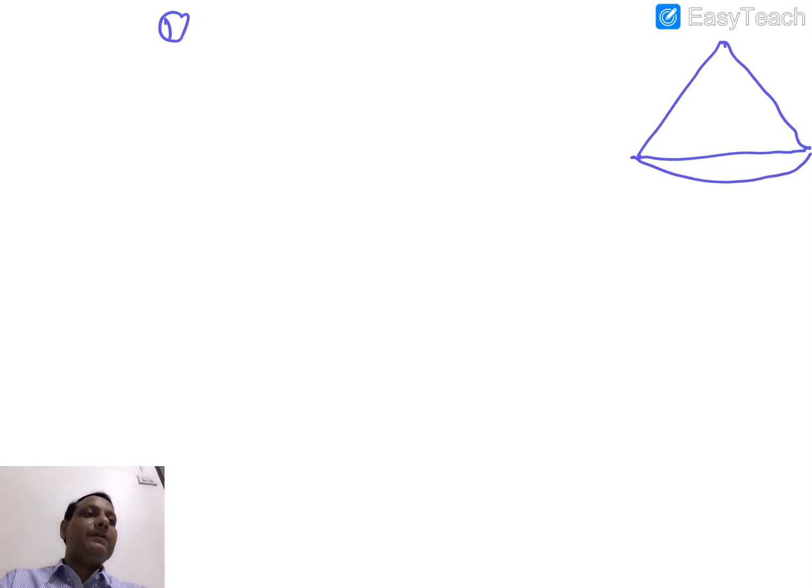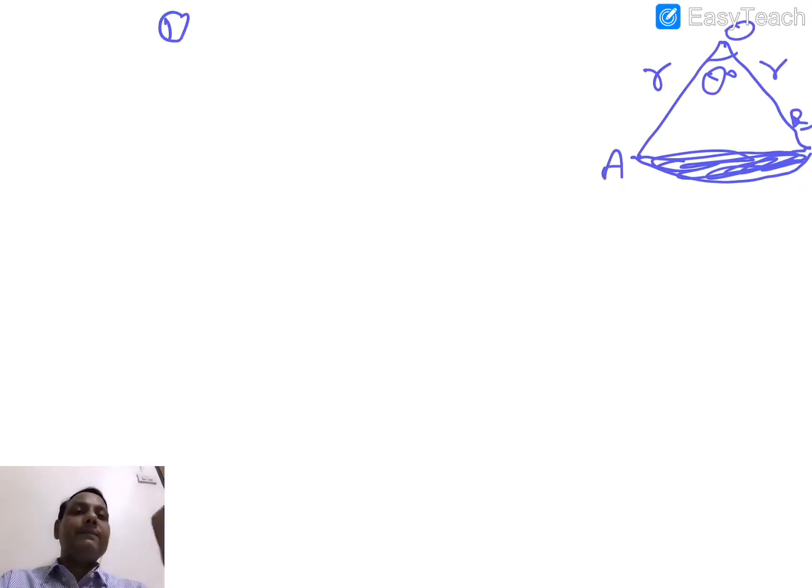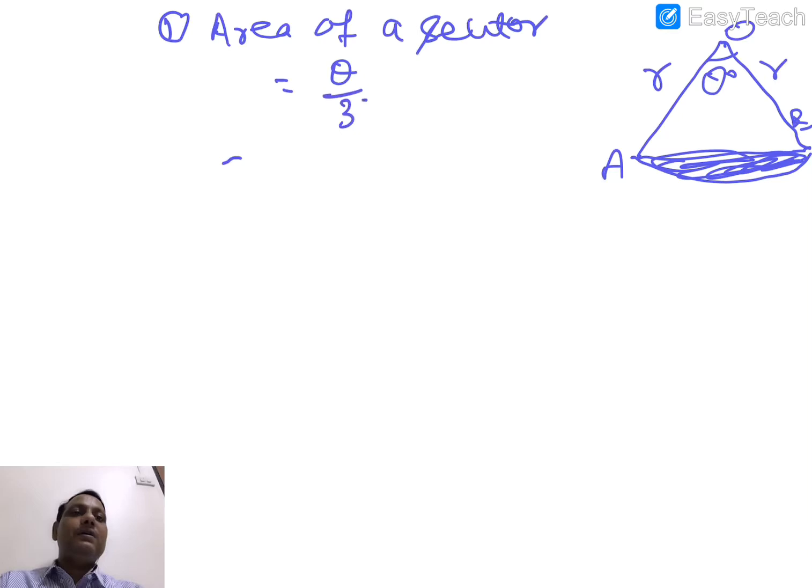Okay, this is the radius r, this is the center, this is theta in degree, and this is the segment, this is the sector and everything, and you can label A and B if you want. So area of a sector is equal to theta over 360 times pi r square.